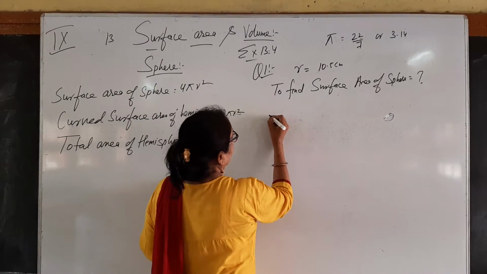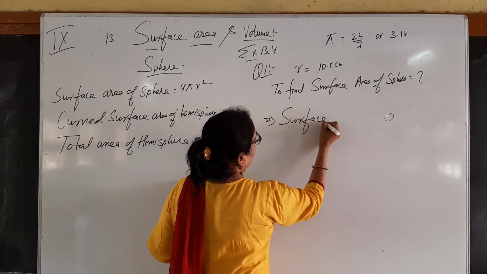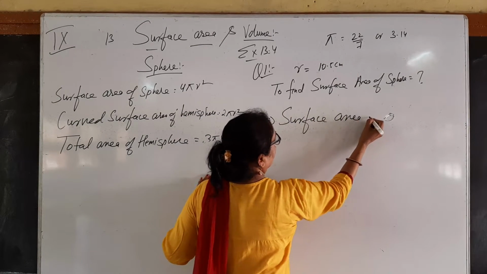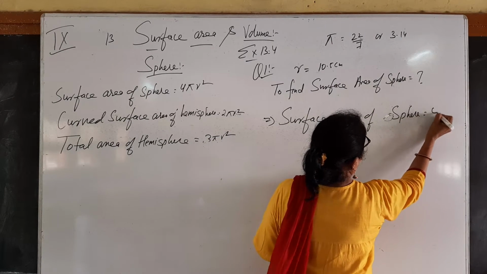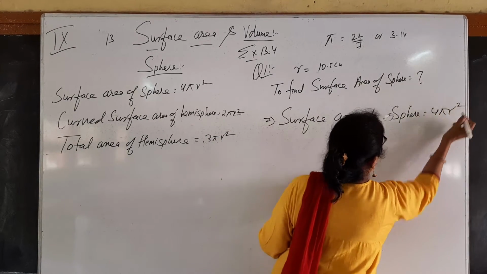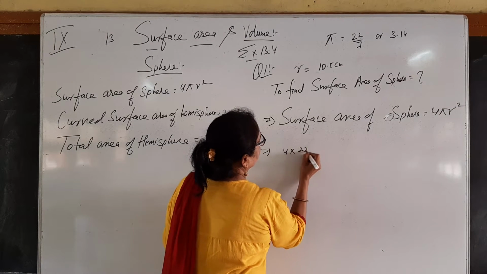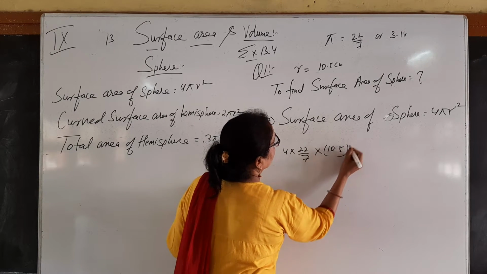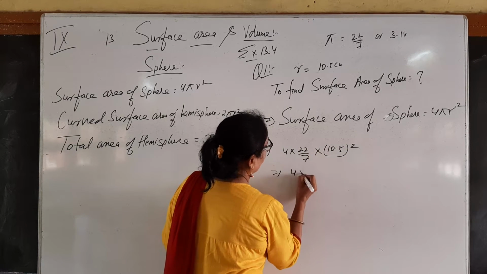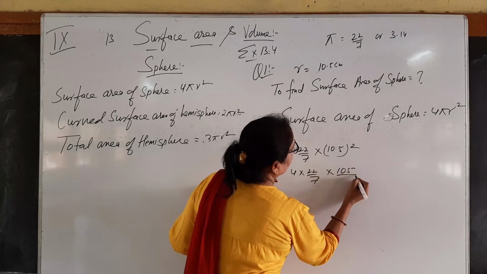So here surface area of sphere is 4 pi r square. So we will get 4 into pi, means 22 by 7, r is given 10.5 square, or we can write 4 into 22 by 7 into 105 upon 10 into 105 upon 10.